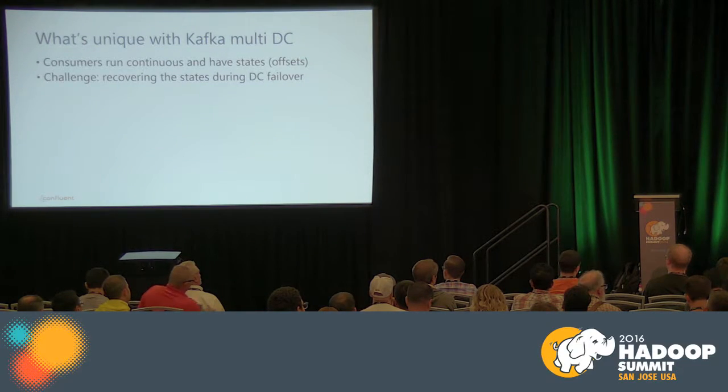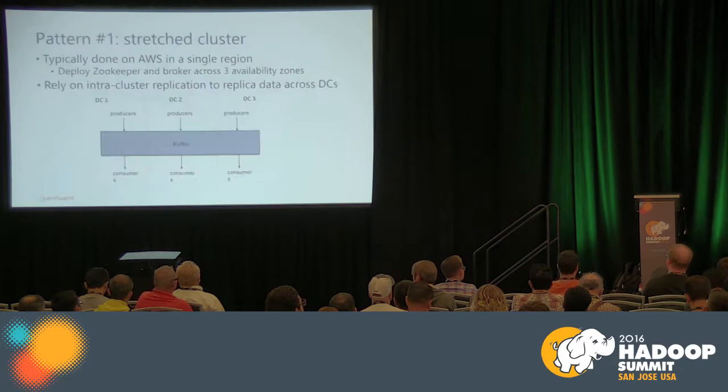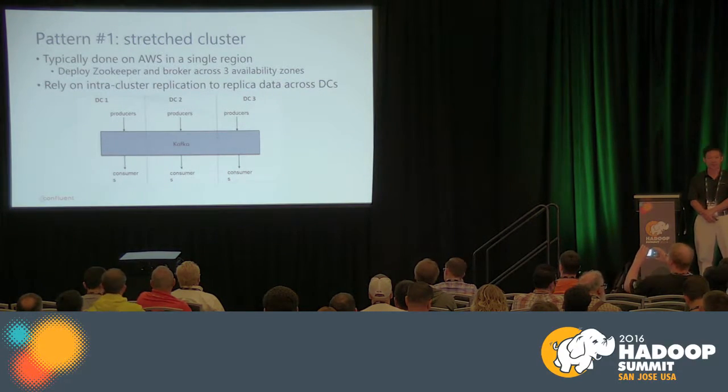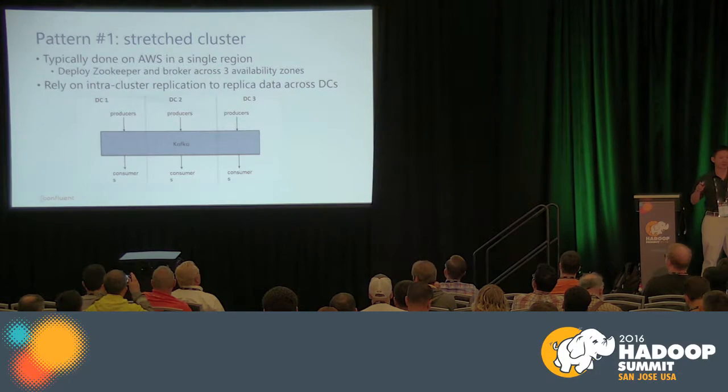Okay, so in the next few slides, I'll walk you through some of the common patterns we have seen when people are deploying Kafka in multiple data centers. The number one pattern is what we call a stretch cluster. This is commonly used in AWS, especially when you set up a Kafka cluster within a single Amazon region.